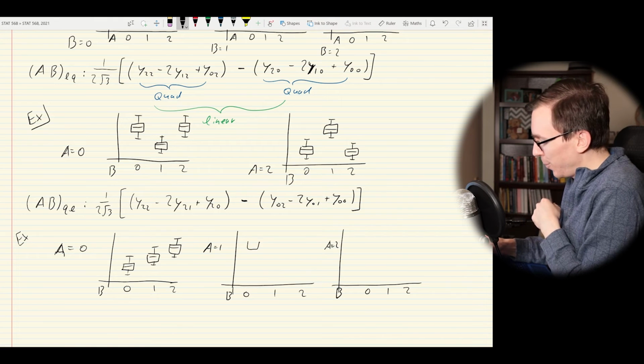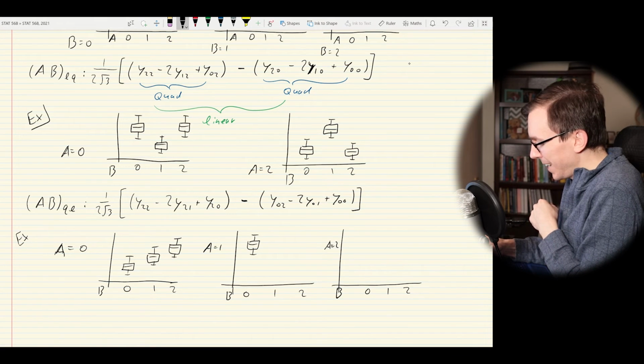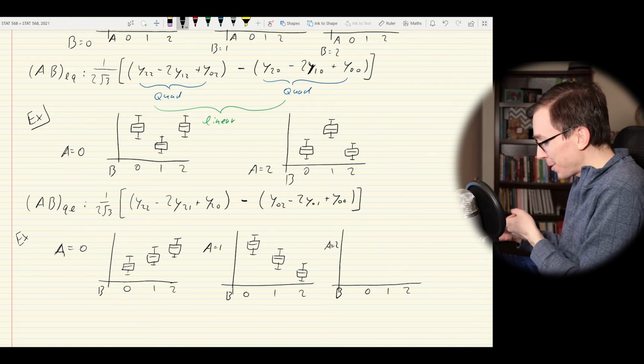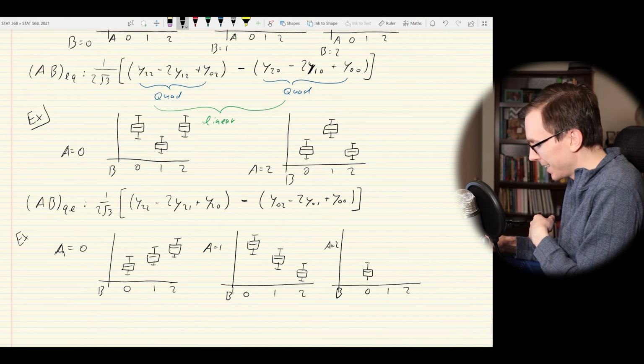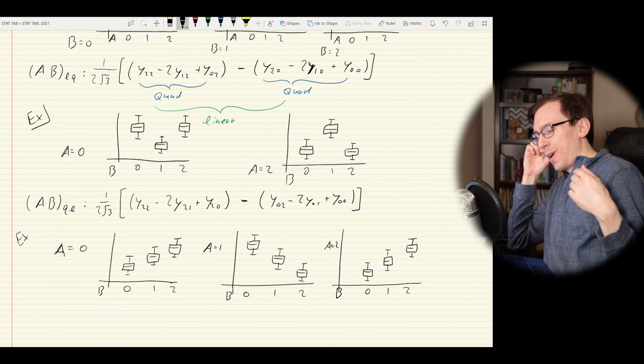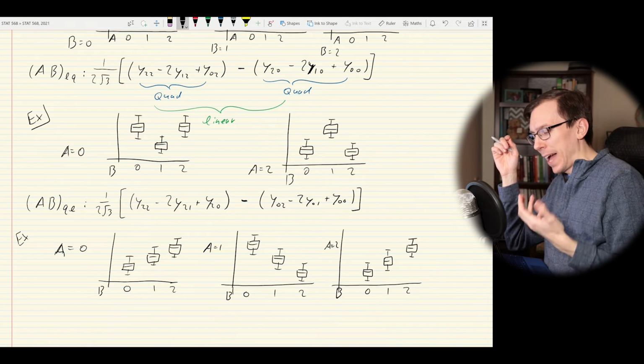Then when A is set to 1, it might flip and go the other way and start to decrease. But then when A is equal to 2, it might just flip back again. And then we say, oh, well, now we're going the other way again. So this is what a quadratic linear interaction might look like.